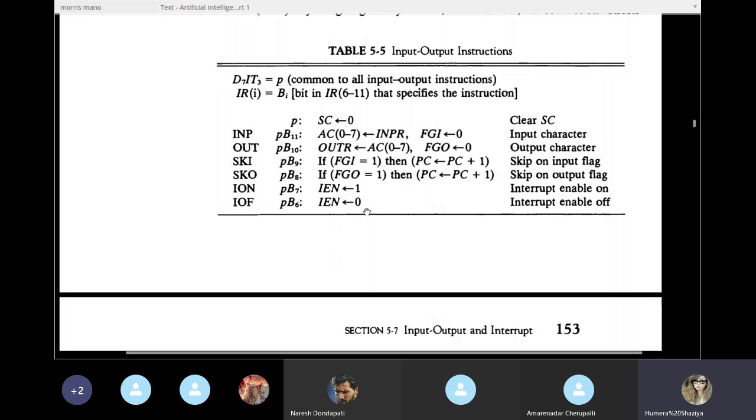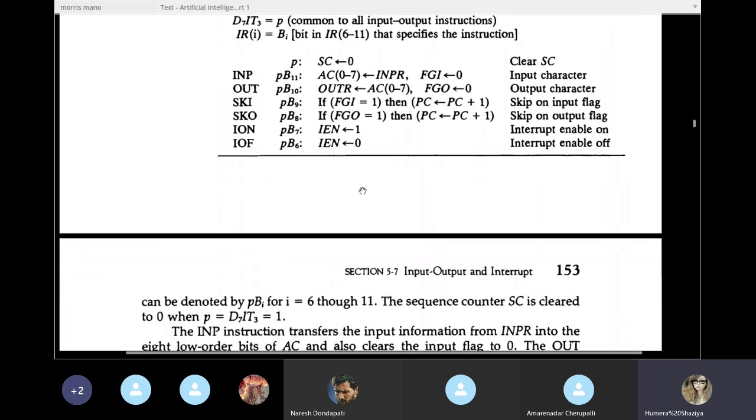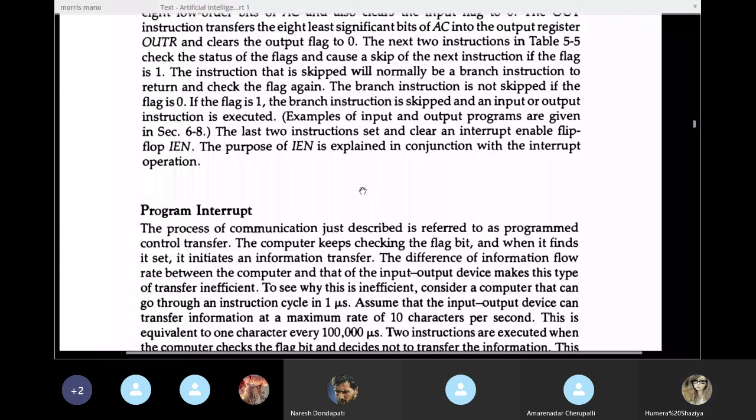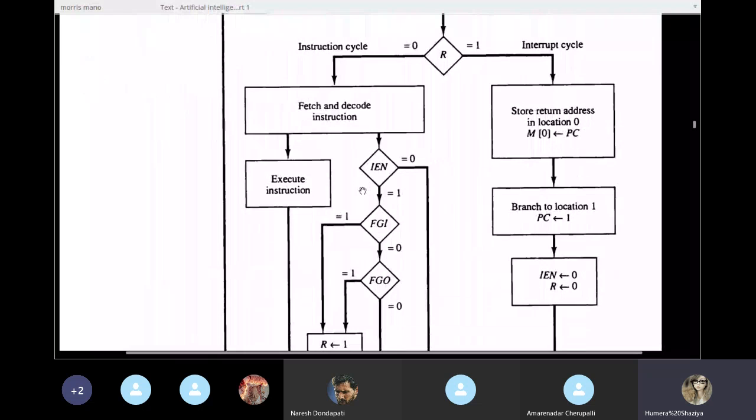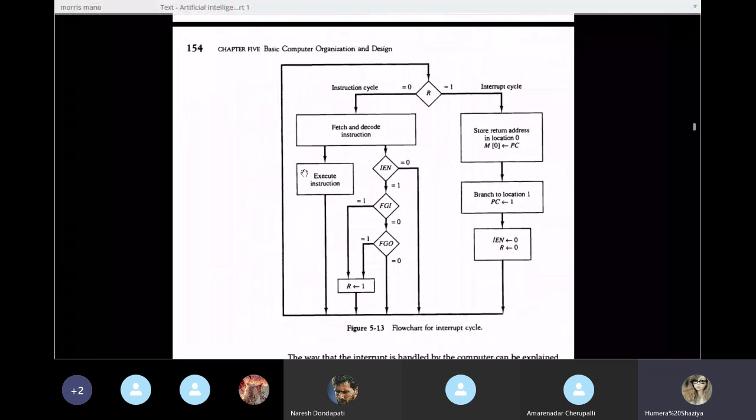It means interrupt is off; here interrupt is on. We have to understand what an interrupt is. To understand what an interrupt is, we have to look at the interrupt cycle.